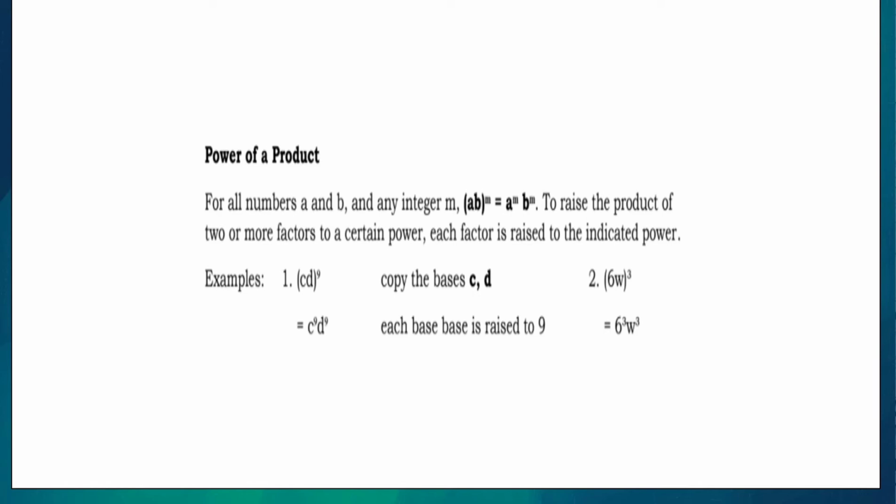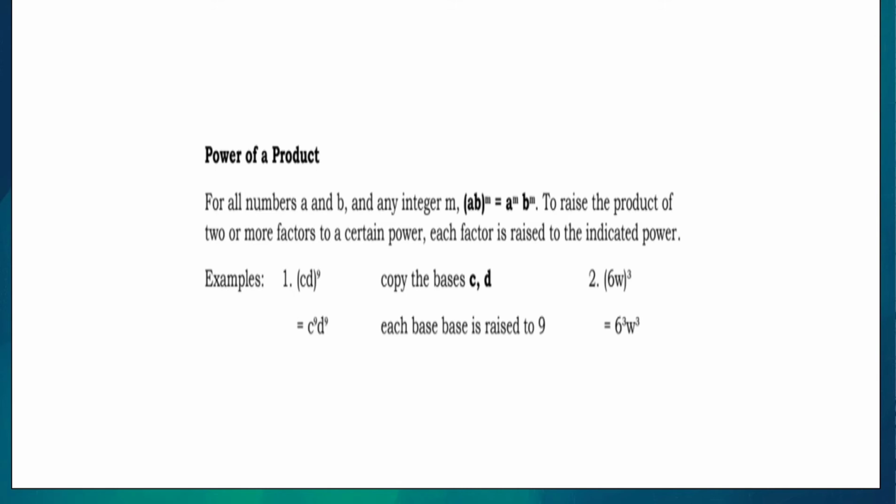Example, cd to the power of 9 is equal to c to the power of 9 and d to the power of 9. As I said, we just need to distribute the 9. Number 2, 6w to the power of 3 is equal to 6 cubed and w cubed.